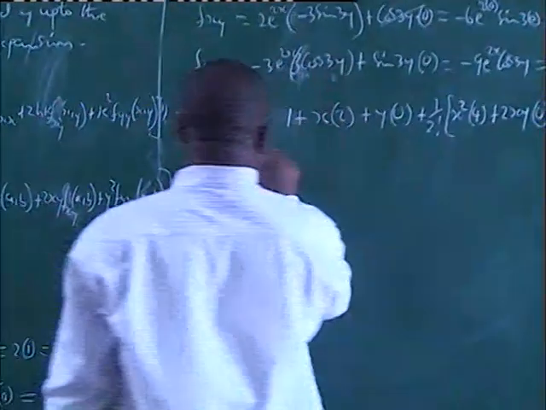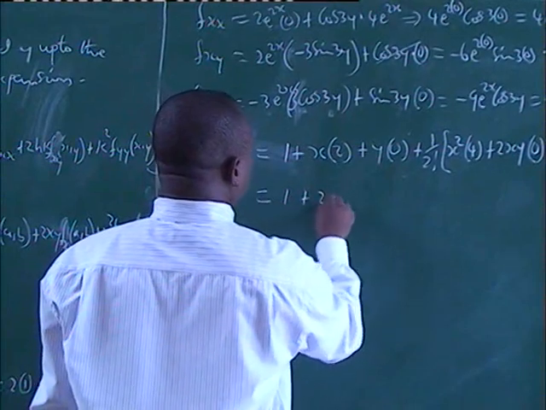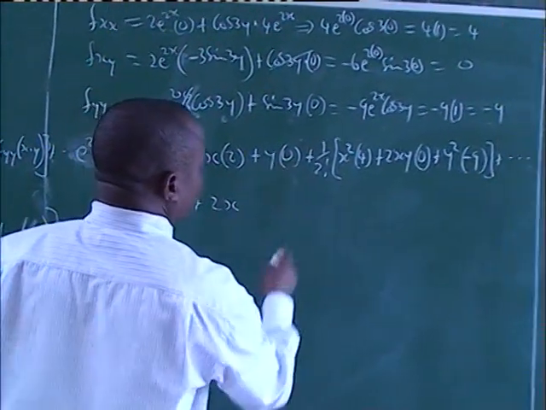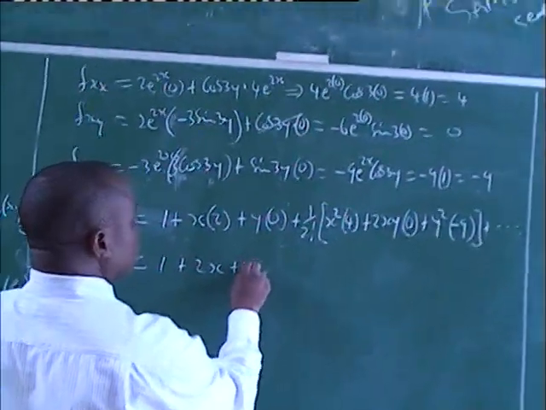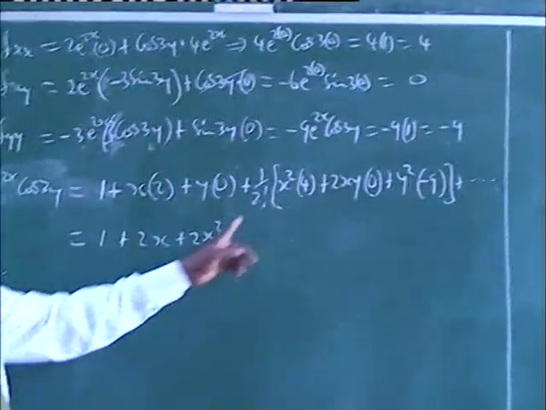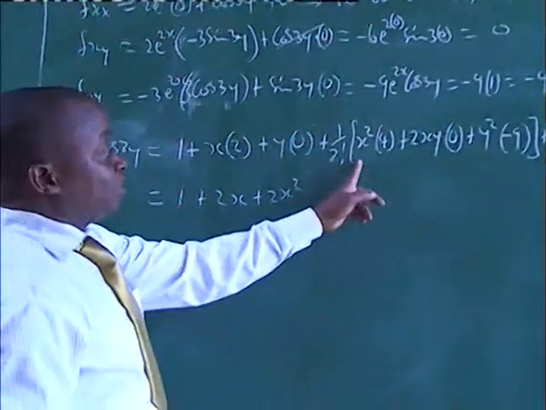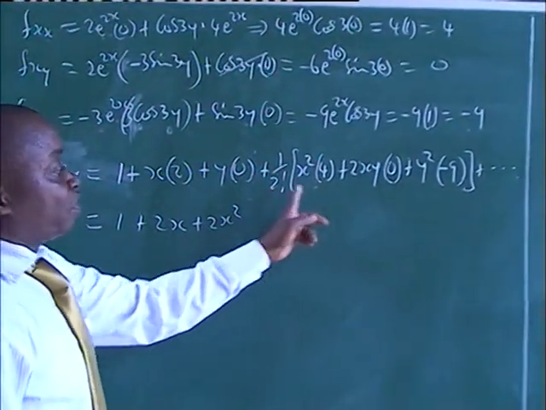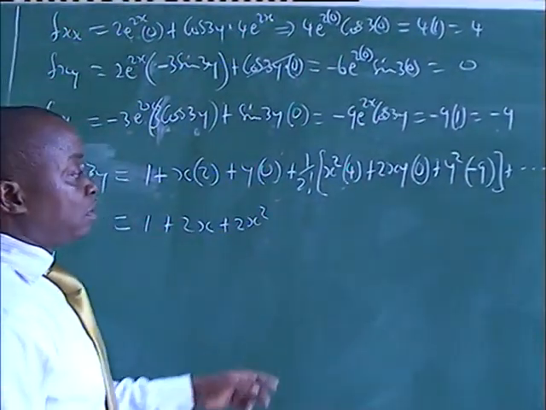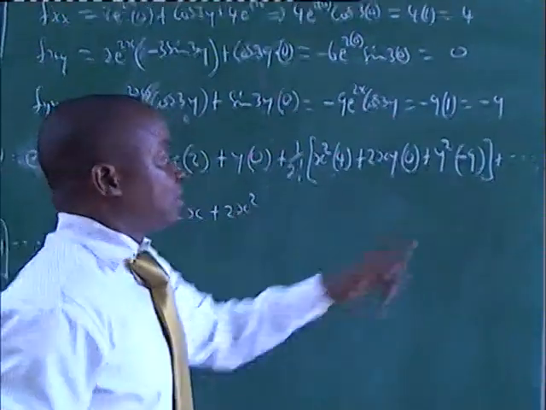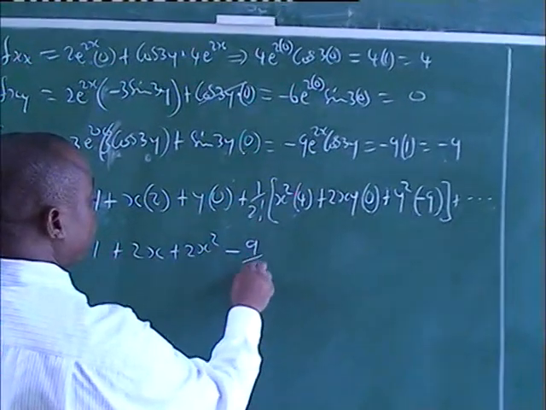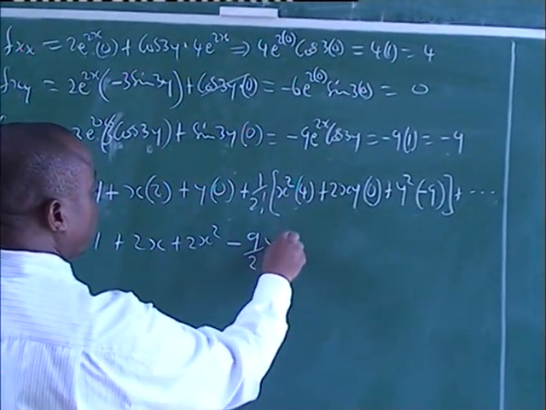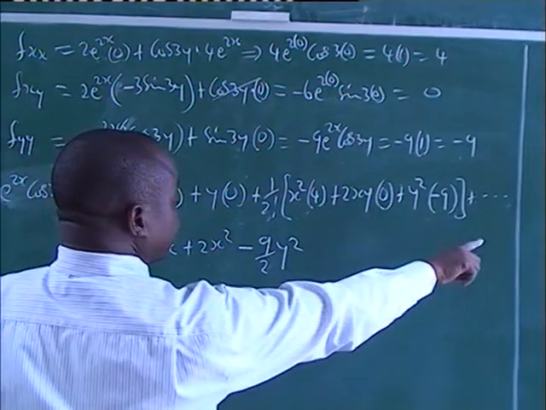And that means this will give us 1 plus 2x. Of course this will go. If you time this, you have plus 2x squared, since 2 factorial is 2. So by timing with this, if you time this it becomes 0, and if you time this with this, you have minus 9 over 2 y squared. That is, I'm using this to open this bracket.